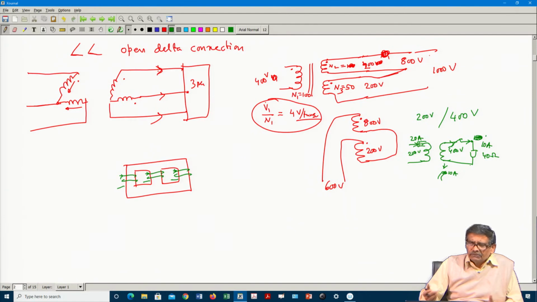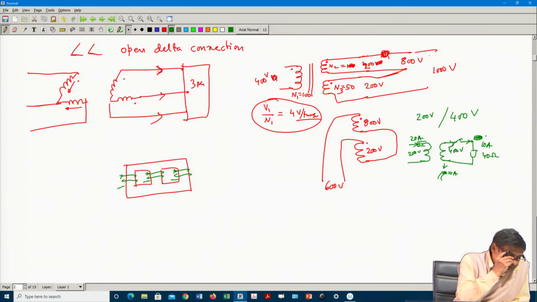If you know the voltage, you can always calculate the rated current of the respective side, and that is important. Why? Because whoever has designed that transformer has kept that current in mind and chosen the wire gauge accordingly. I think it has answered your question. KVA rating is very important, apart from voltage rating.